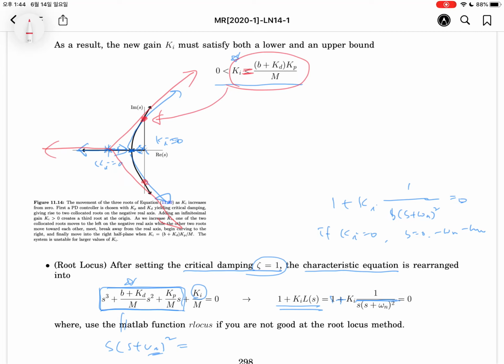If you are not good at the root-locus method, I recommend you get more information from an undergraduate level control systems course, but this is not core in robotics. So if possible, you should study the root-locus method and the Routh-Hurwitz criterion. But if you don't have much time, you can skip.